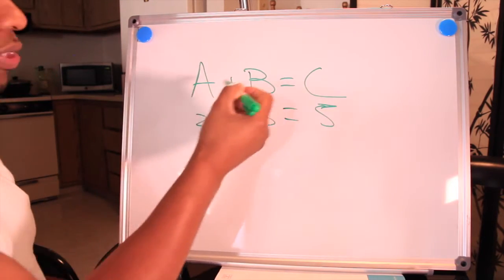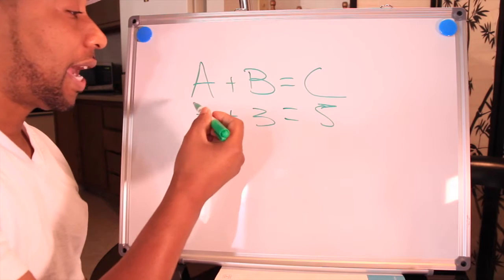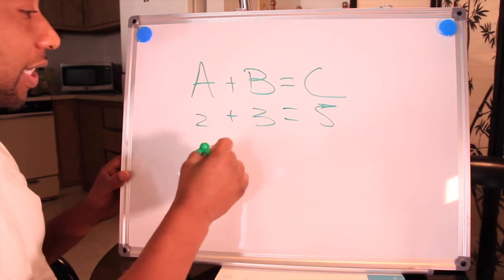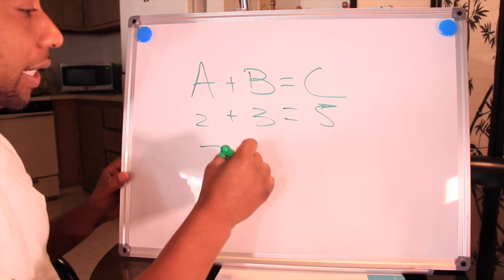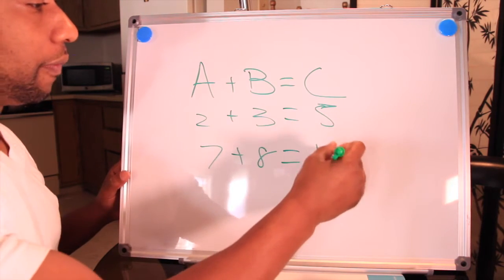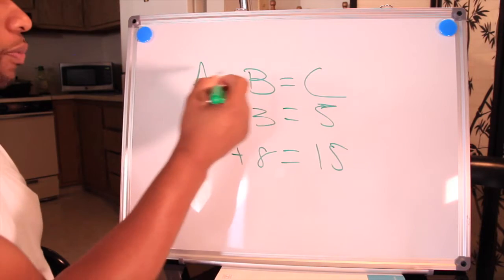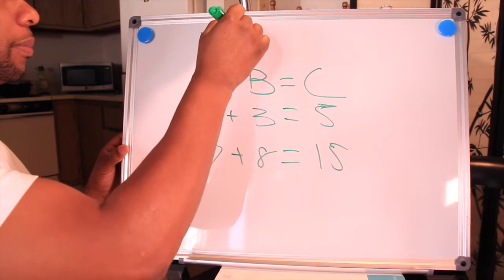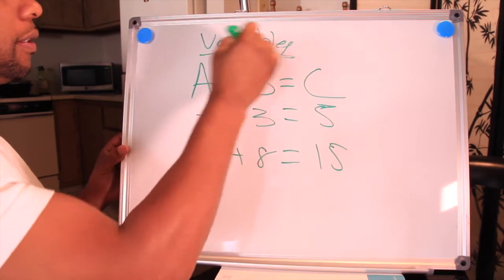But this can also be changed, because A can equal 7 and B can equal 8 and C can equal 15, because these are what you want to call variables. Okay? All right.